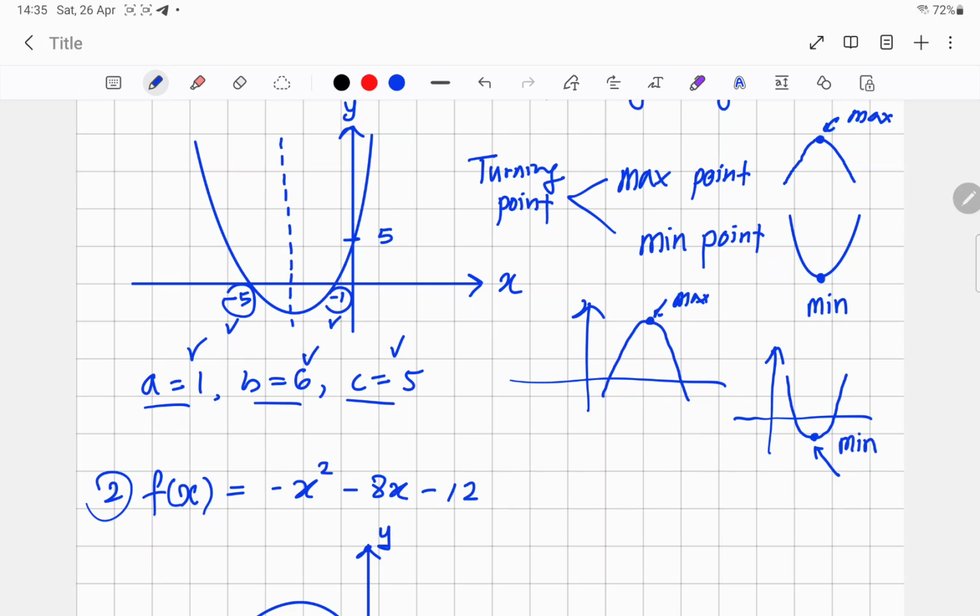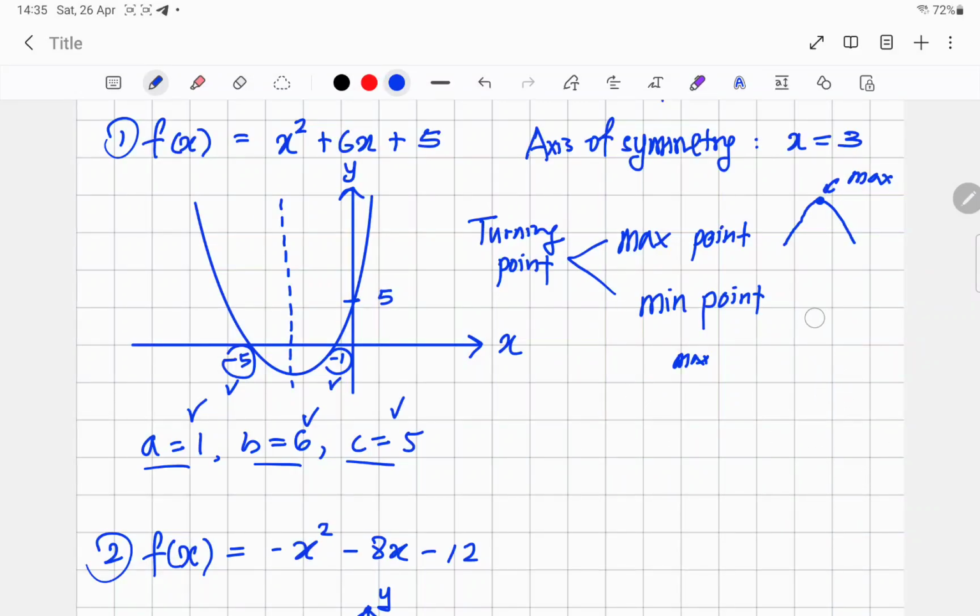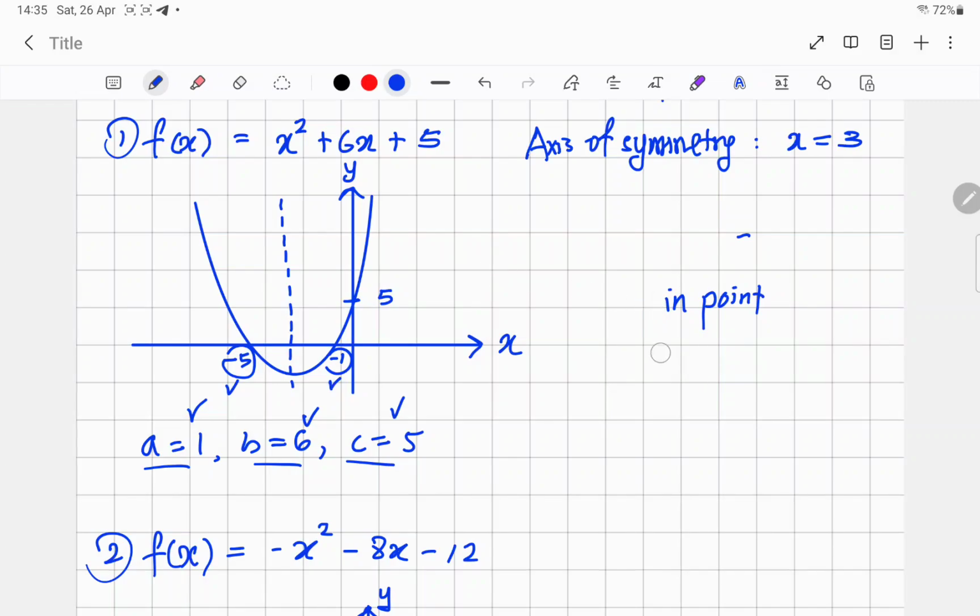So for this graph, is this a maximum or a minimum? This is a minimum, because it is at the bottom. You must say that this is a minimum point and give the coordinate.